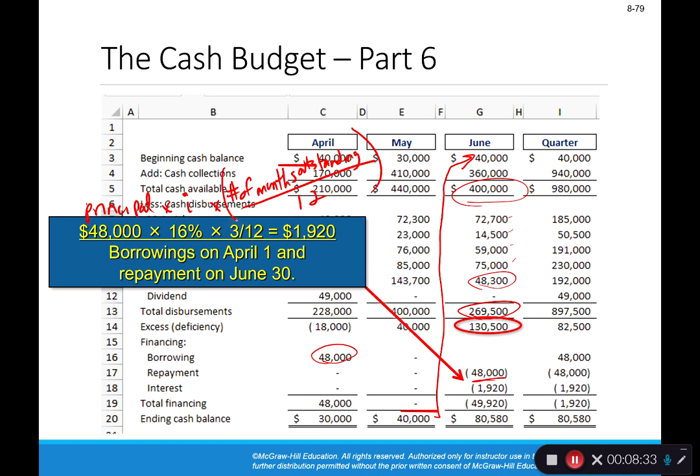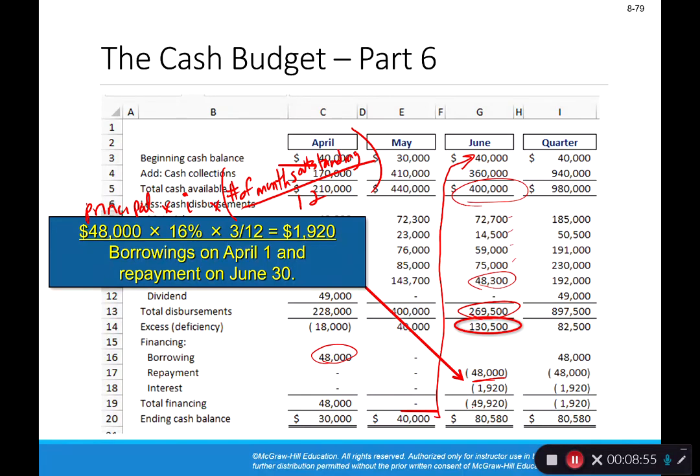Don't ever change the 12. There's 12 months in a year, and interest rates are presented on an annual basis. Why is it 3 months? Because it said we borrow at the beginning of the month and we repay back at the end of the month. So we borrowed at the beginning of April, we're repaying at the end of June. So 3 months the loan has been outstanding.